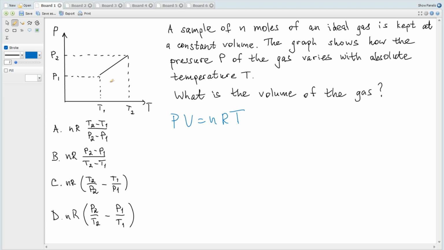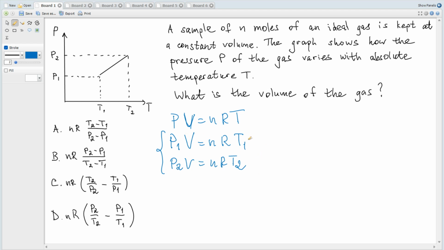So at a moment of time where pressure is P1 and temperature is T1, we can rewrite this equation as P1 multiplied by volume, it's constant, is equal to n, it's also constant, R, and multiplied by T1. And at this moment of time where pressure is P2 and temperature is T2, it can be rewritten as P2V = nRT2, and we get simultaneous equations.